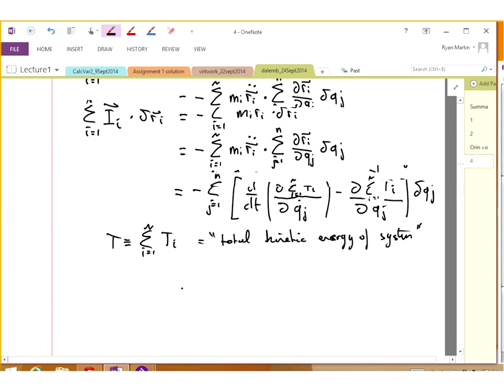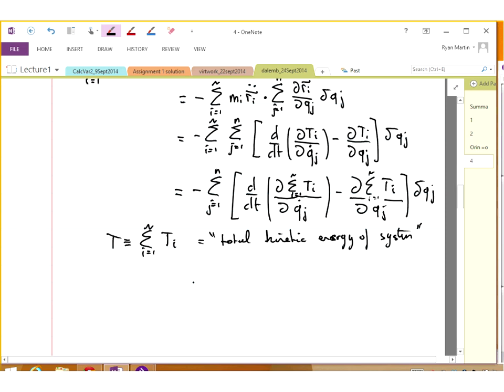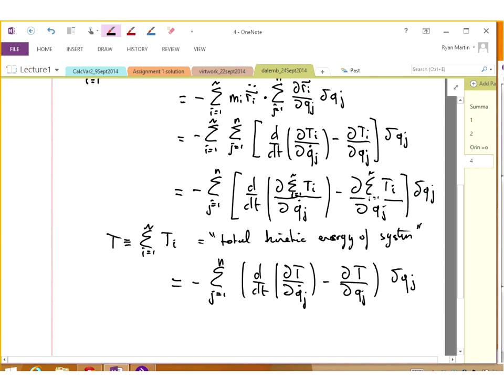And so what we find is that this whole contraption here is equal to minus the sum of j equals 1 to n of d by dt of ∂T/∂q̇j, minus ∂T/∂qj, delta qj.